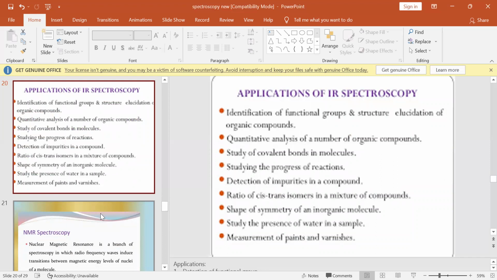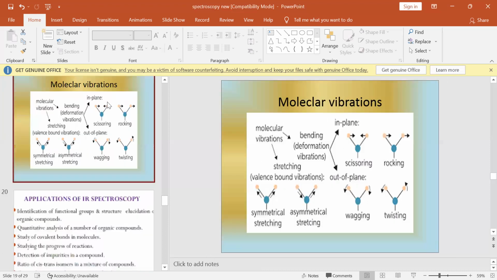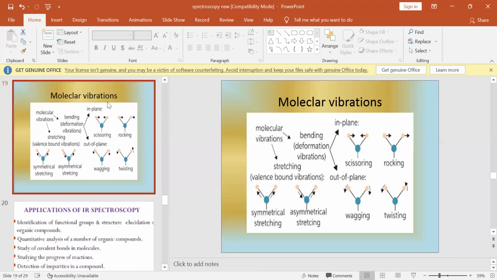Before the applications, we can also discuss the calculation of fundamental vibrational modes for each molecule. If the molecule is linear, the formula is 3n minus 5.